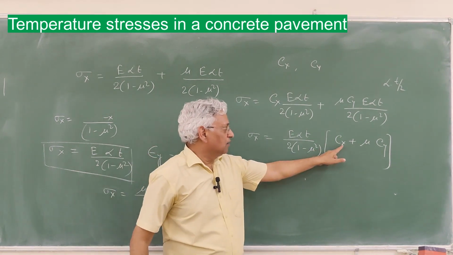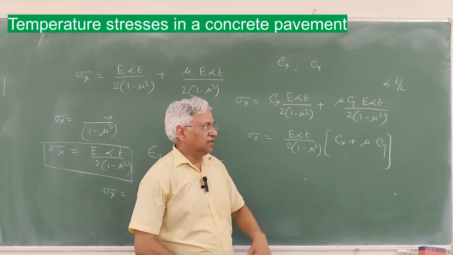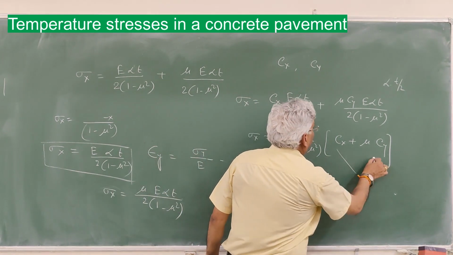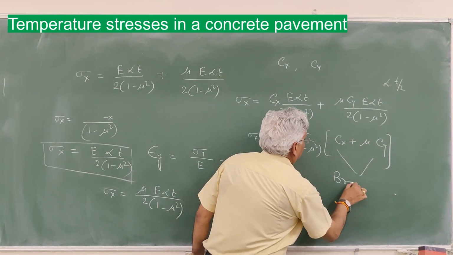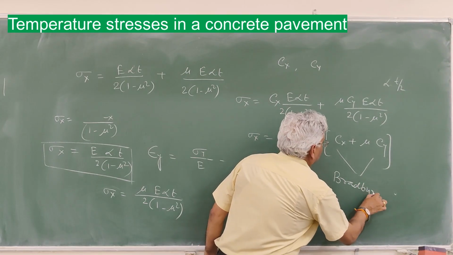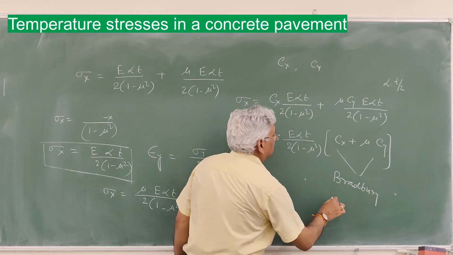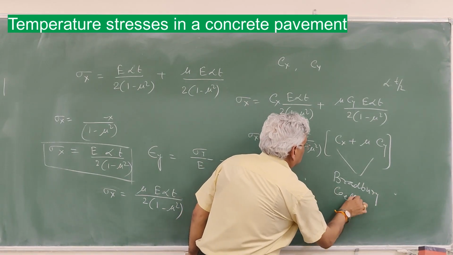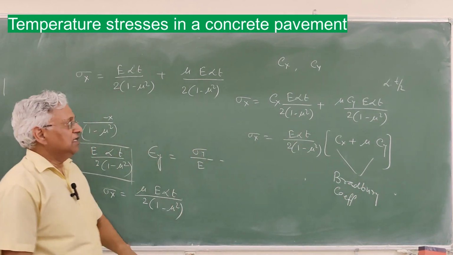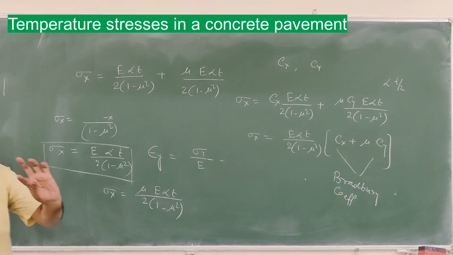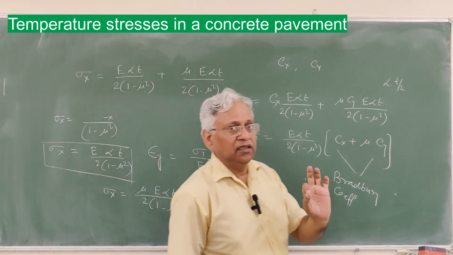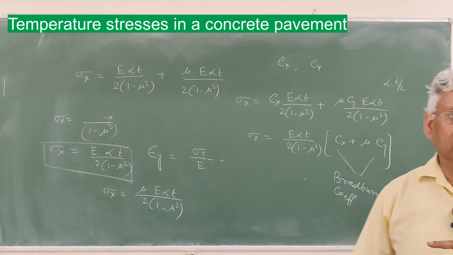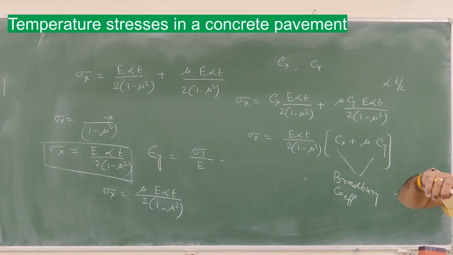Now these are the coefficients. These are called Bradbury coefficients, after the name of the person who basically developed the chart. And these coefficients depend upon two parameters: one is the length of the slab in x direction, in y direction, and the radius of relative stiffness.